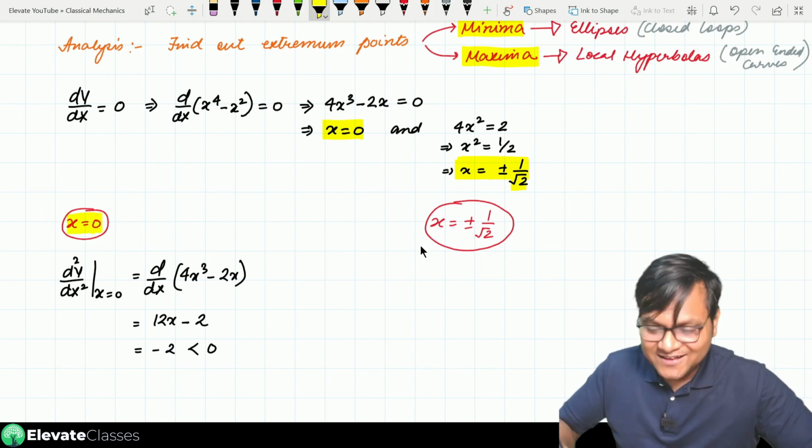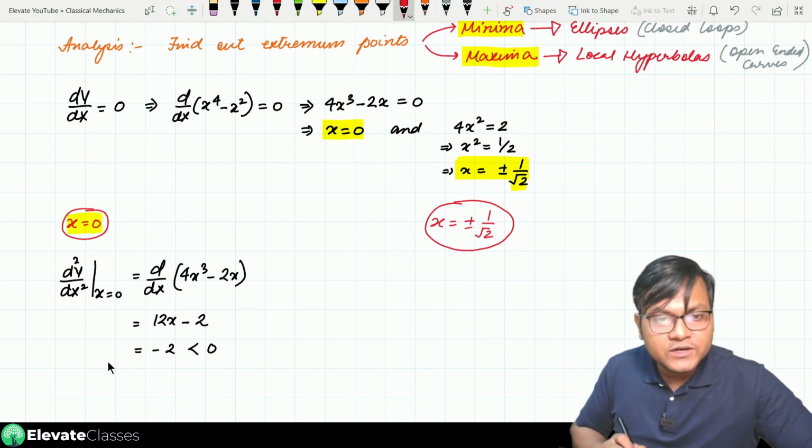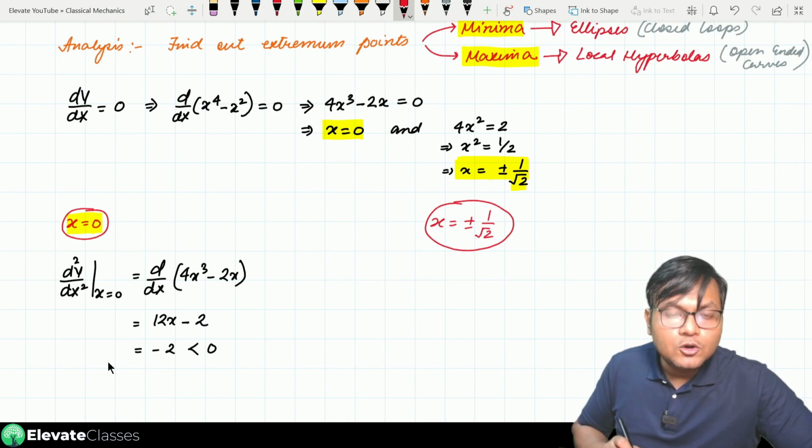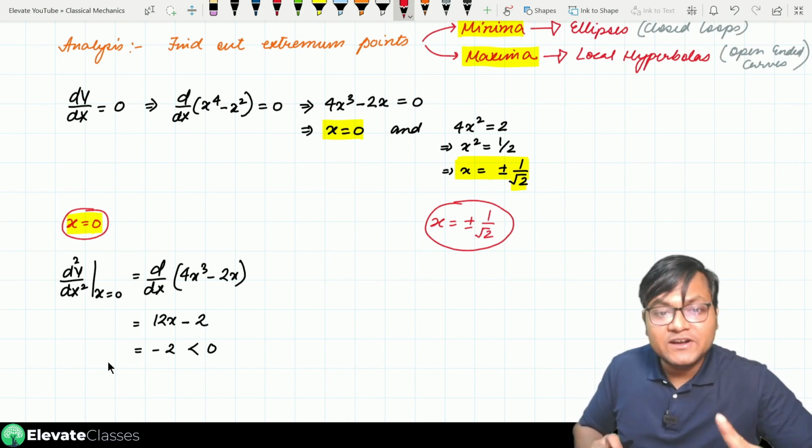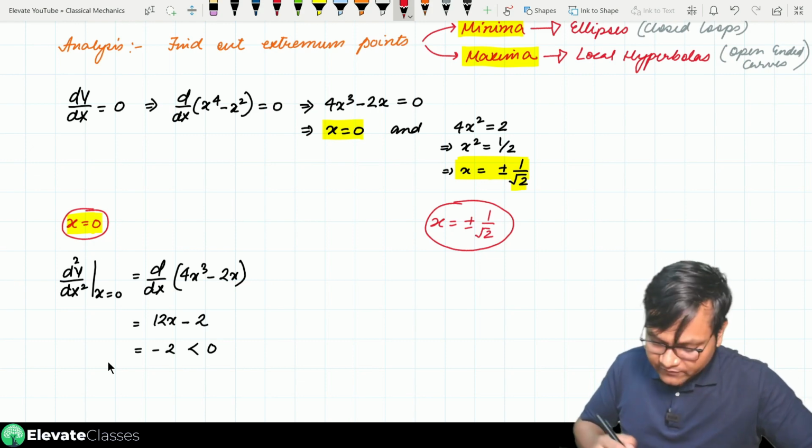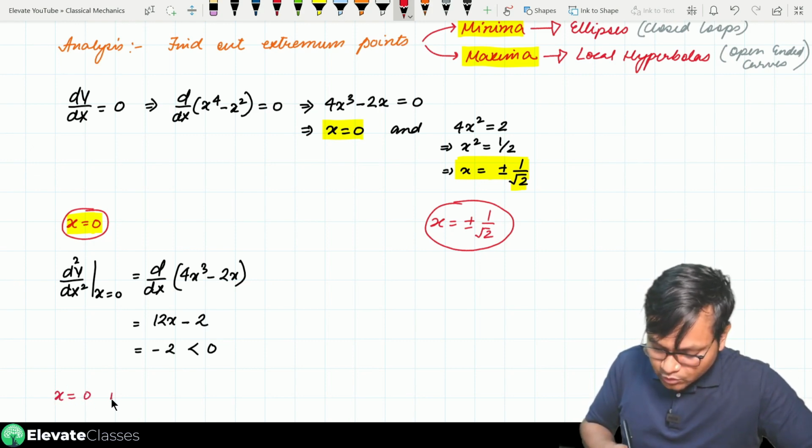It is a minima. All right. No, it's a maxima, sorry. If the second order derivative is less than 0, it's negative, that means x is equal to 0 is a maxima, or at least a local maxima.